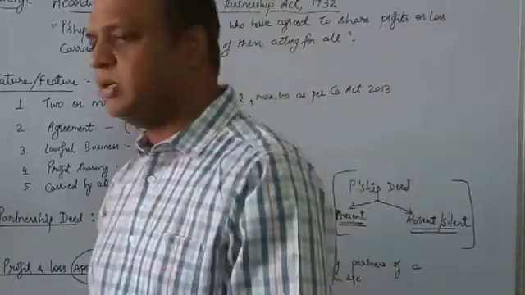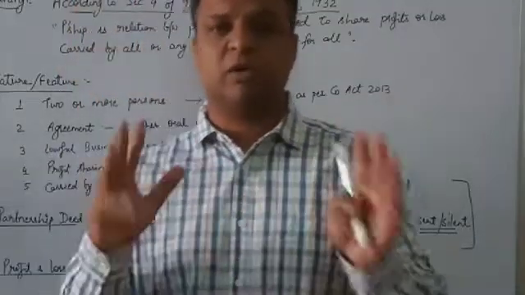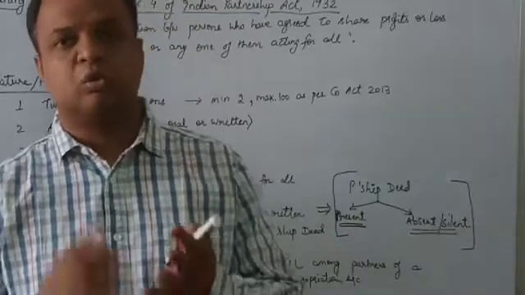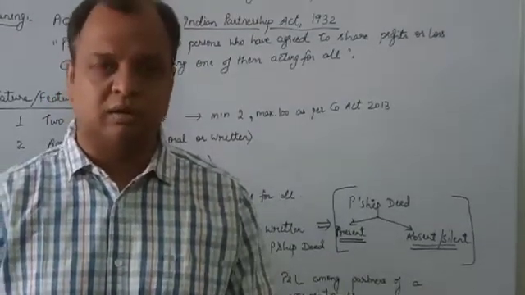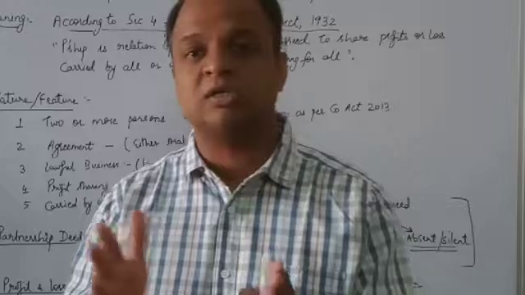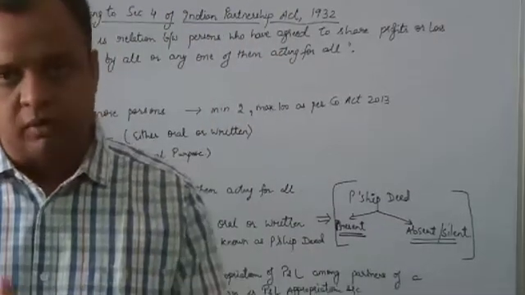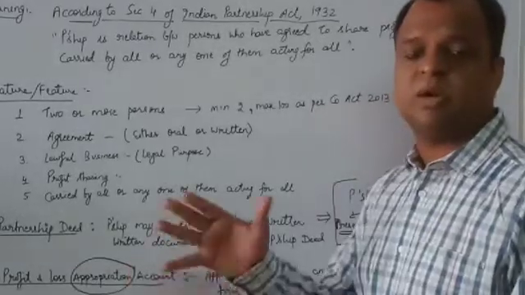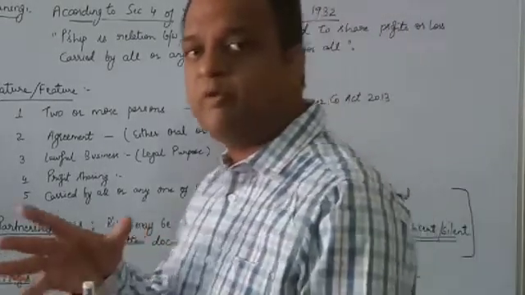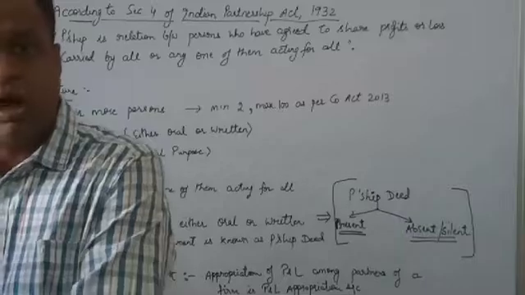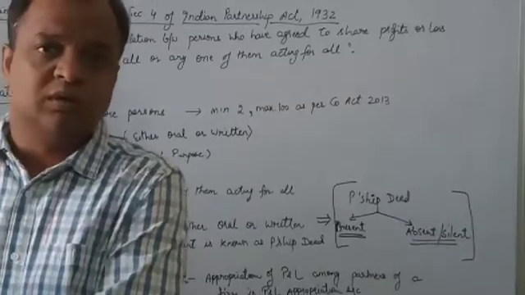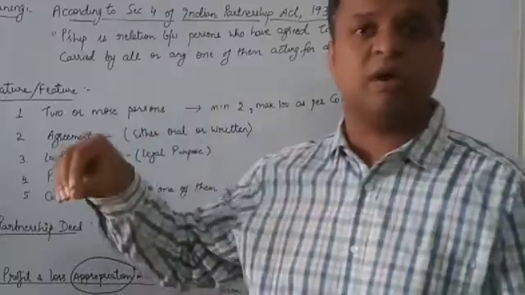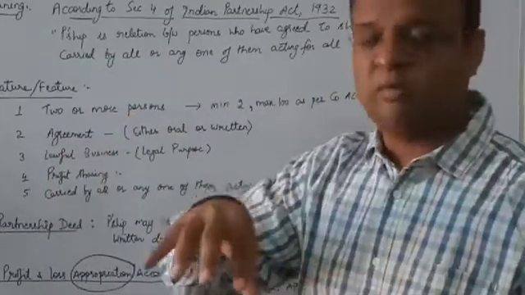See students, when we prepare a general profit and loss account, that is trading and P&L, through trading and P&L we come to know the net profit of the business firm, right? Now, once the profit and loss is determined as the net profit of the firm, out of that profit of the firm a certain contribution will be given to the partners as their share of the business profit.